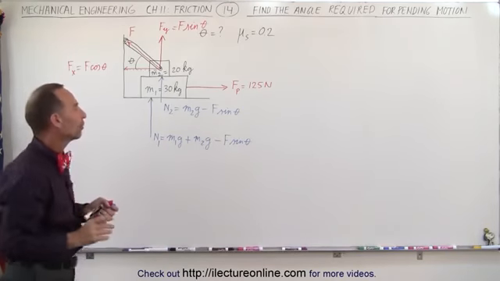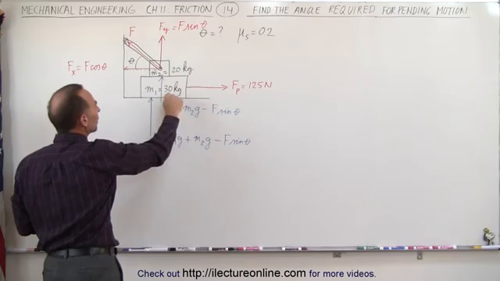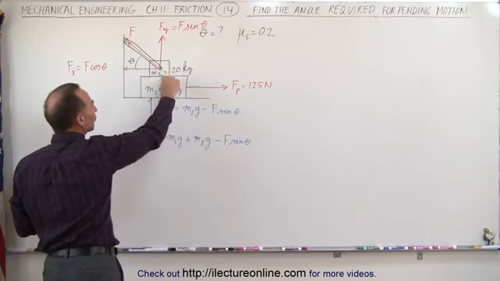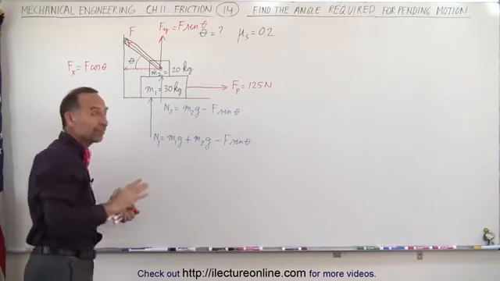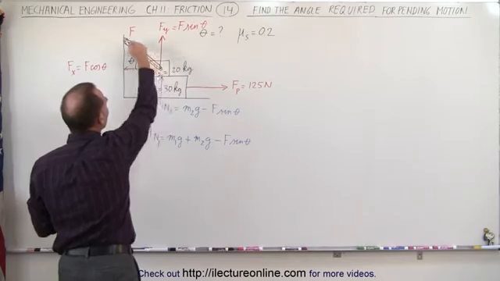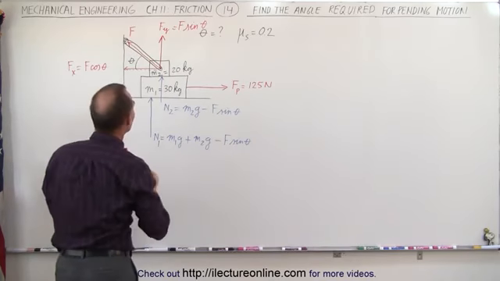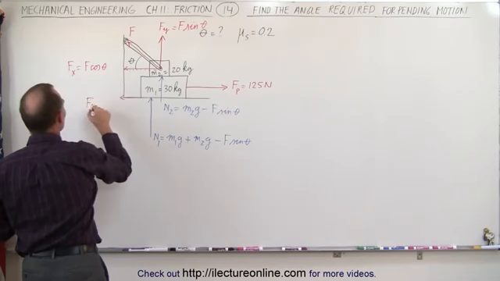So now the friction forces. Notice that there'll be a friction force at the bottom between this block and the surface, and a friction force between the two blocks, both acting on the bottom block because that's the only block that's going to be able to slide. The top block is going to be held in place by this bracket. So we're going to have a first friction force in this direction. Let's call that force friction 1.